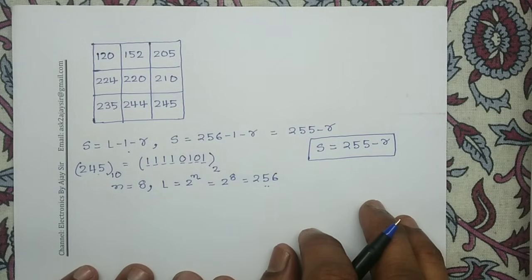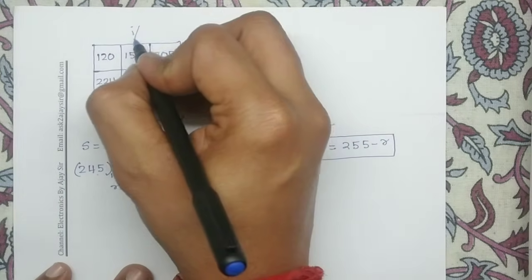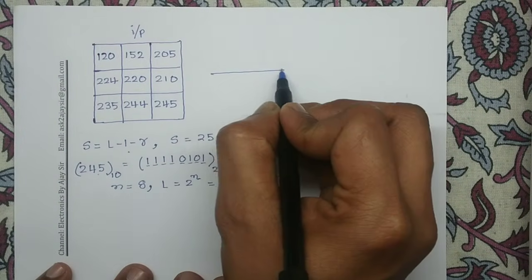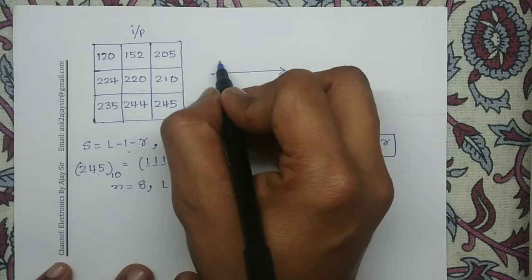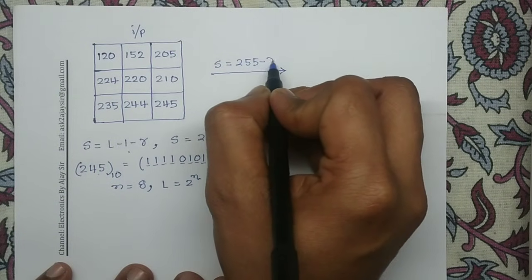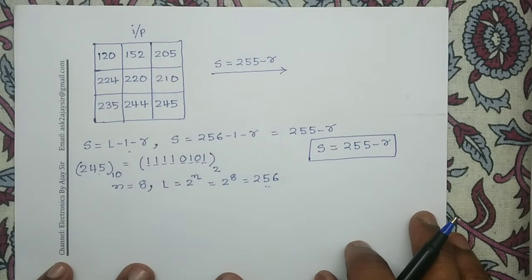So in order to compute the digital negative of this given input image, we will apply the equation of digital negative S equals to 255 minus R on this given digital input image, and we will determine its digital negative.